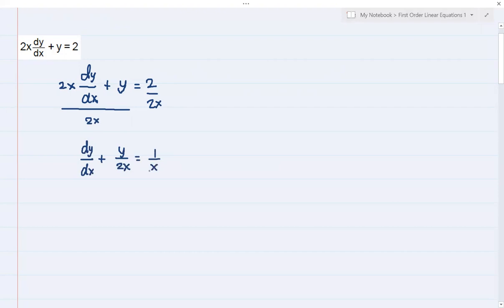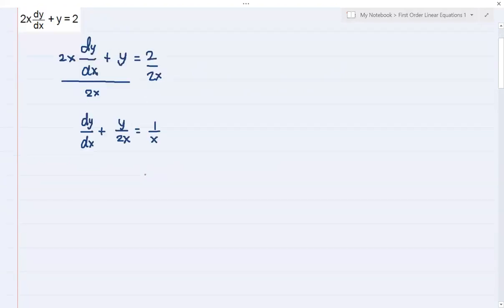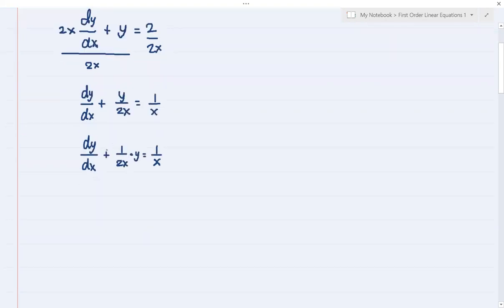Is this already in standard form? The answer is yes, it is. I can rewrite this as dy all over dx plus 1 all over 2x times y is equal to 1 all over x. So this is already in standard form.